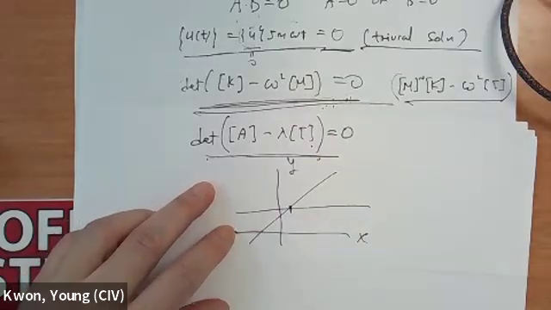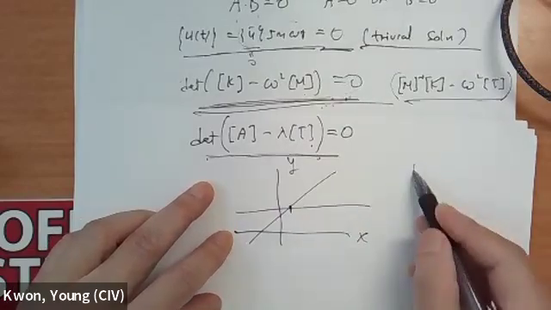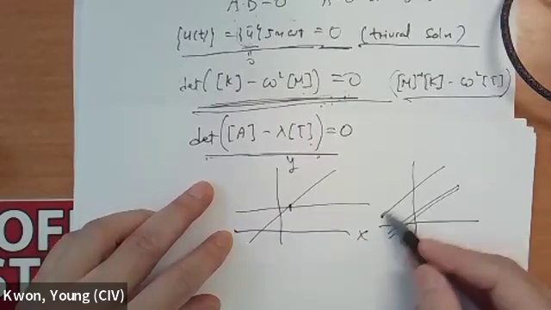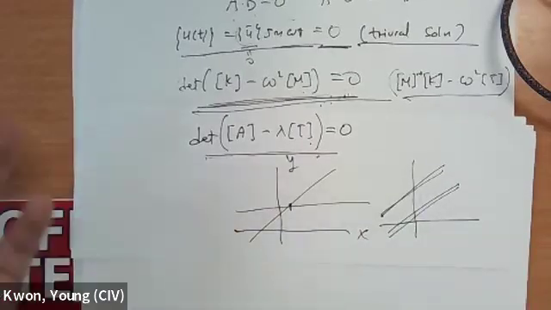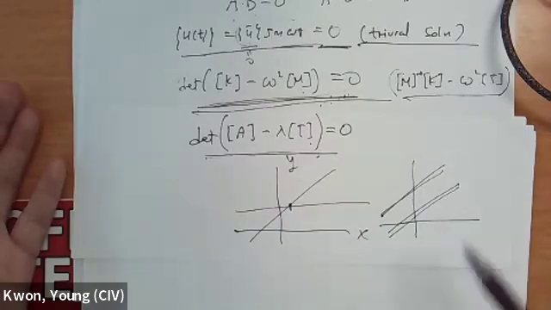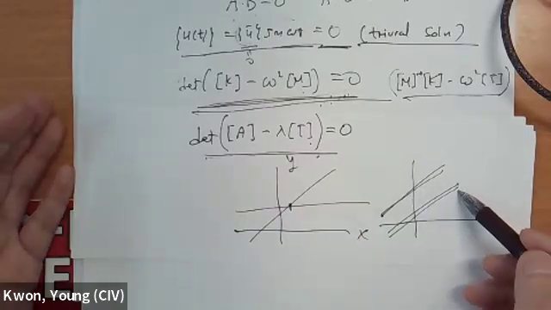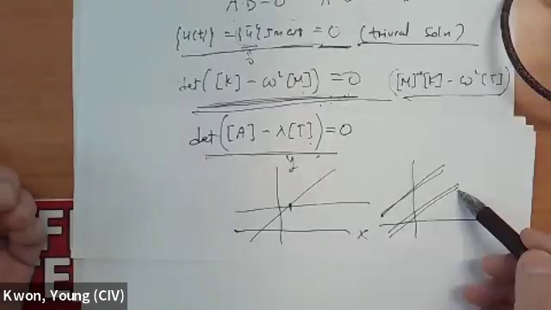They are linearly independent. When you have lines like this, parallel lines, no solution, right? Then they are linearly dependent. So in other words, you cannot find a solution, your matrix is going to be singular.